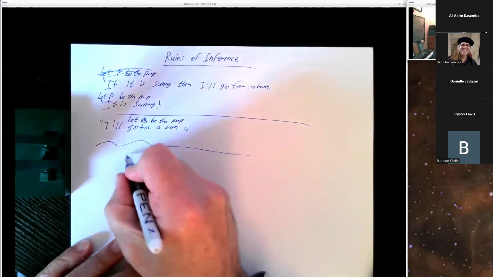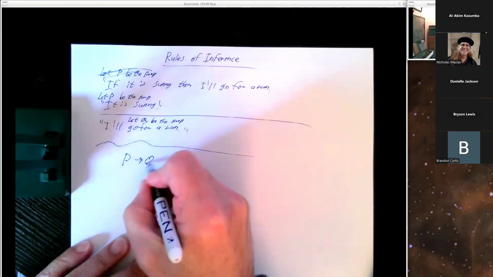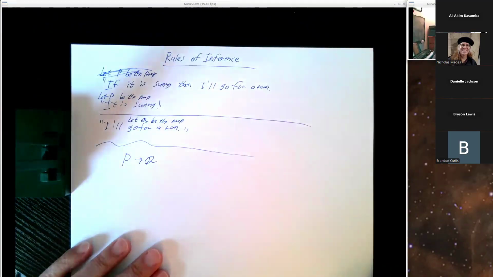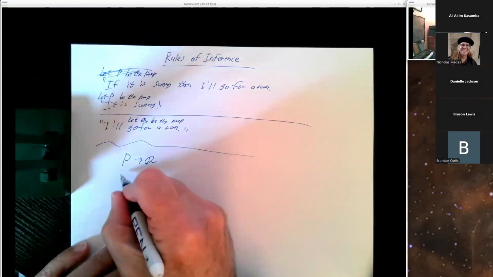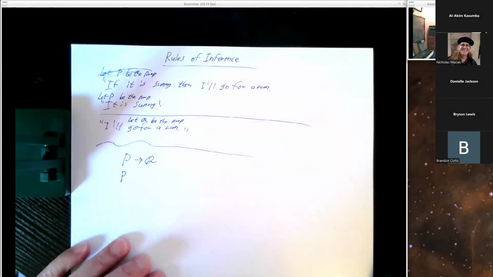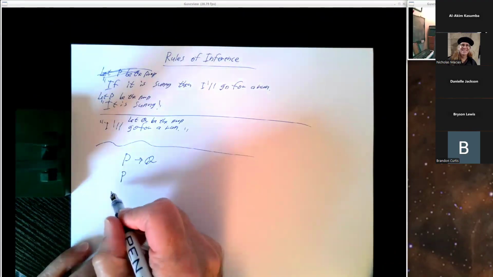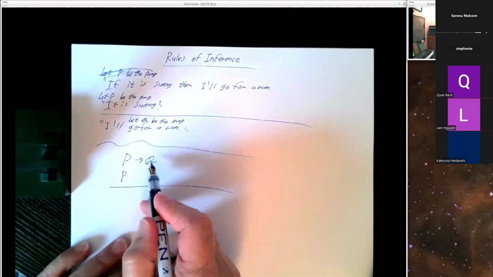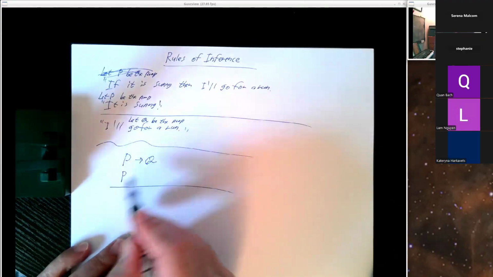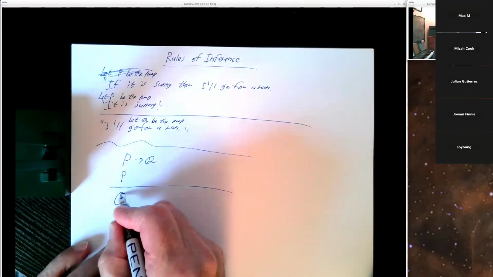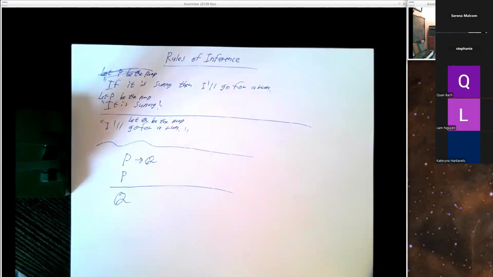So this first statement is just if P, then Q. If P is true, then Q is true. And the second statement is the hypothesis, P. And what I am claiming is that if this is a true proposition, and this is a true proposition, you're guaranteed this is a true proposition.